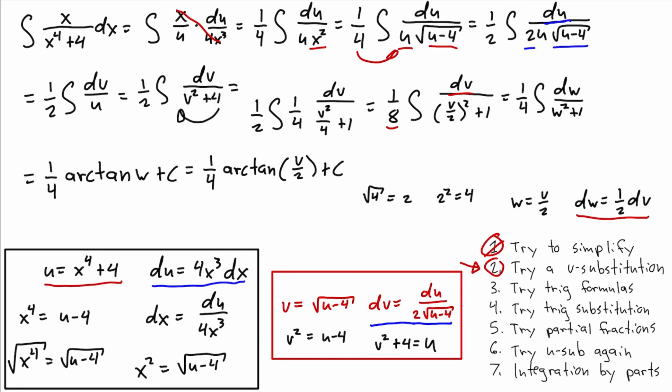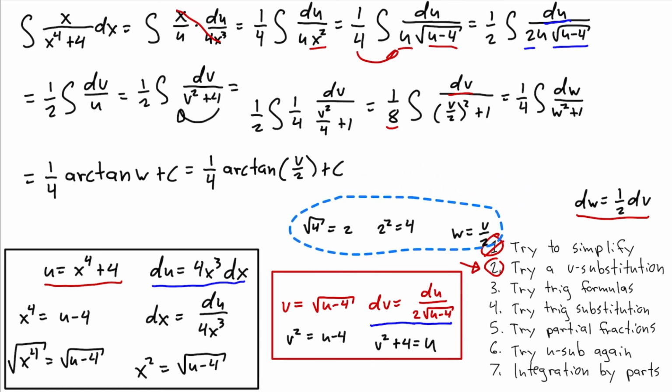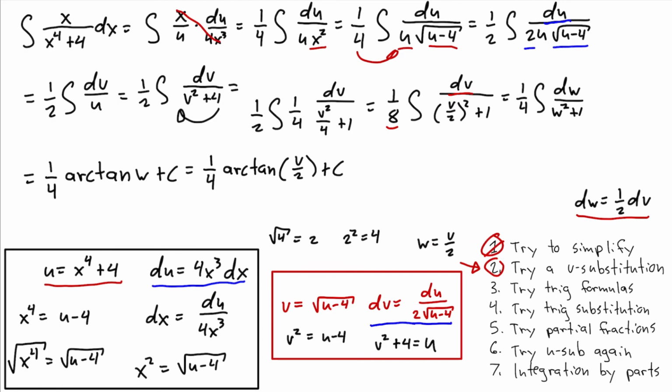And then we have to do one final one. Again, let's try moving these a little bit out of the way so we can do our final thing. It's 1/4 arctan of, and what is v? V is the square root of u minus 4.